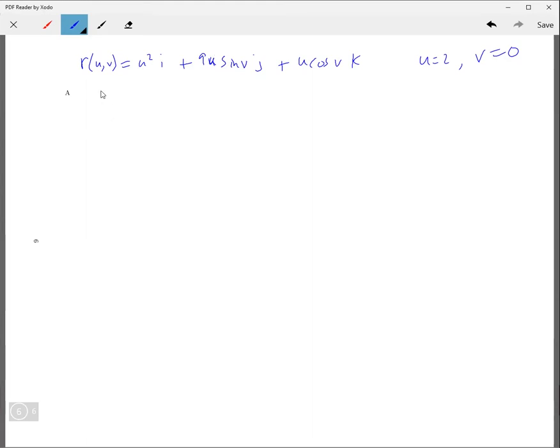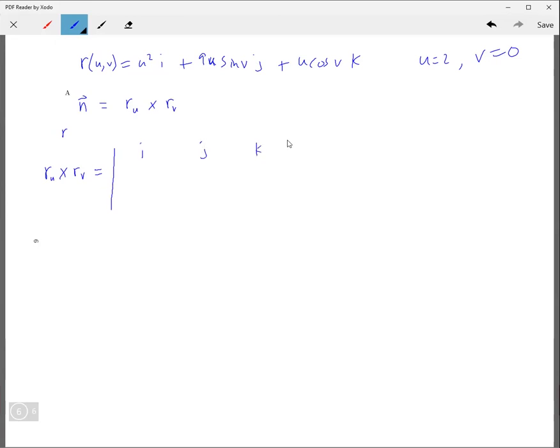Okay, so here's the deal. The normal to this surface is going to be the cross product of the partial derivatives with respect to u and v. So you need to calculate r_u cross r_v.